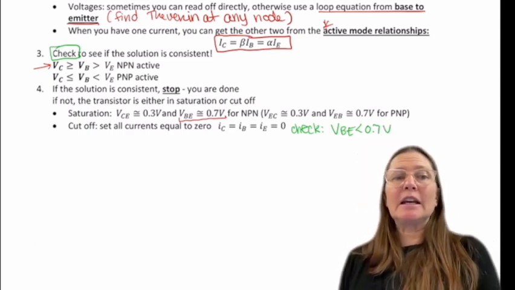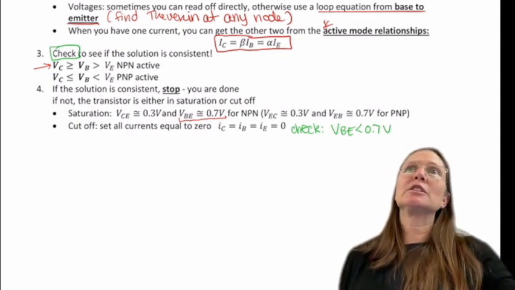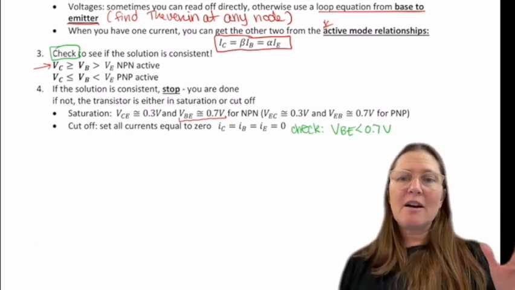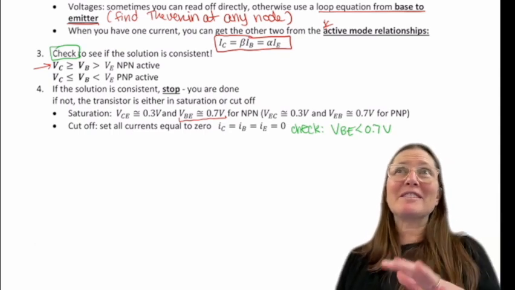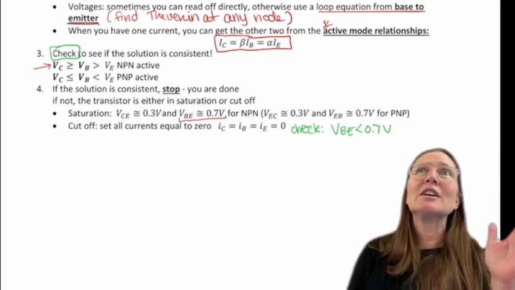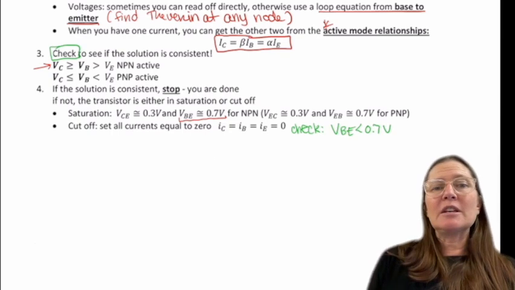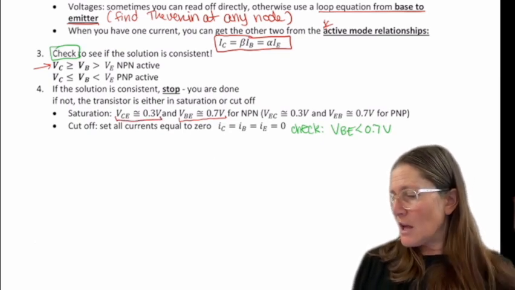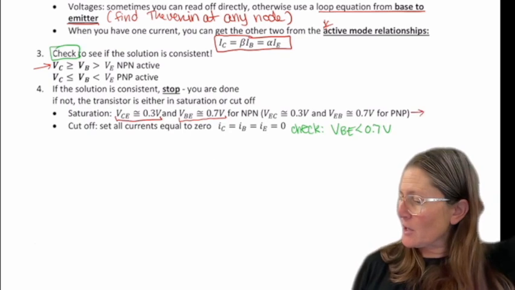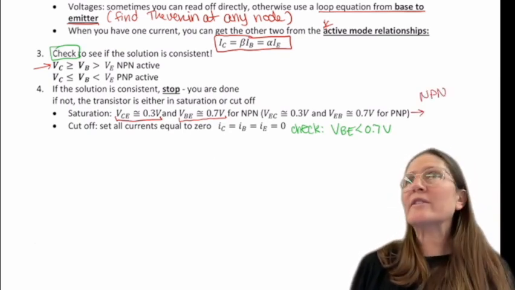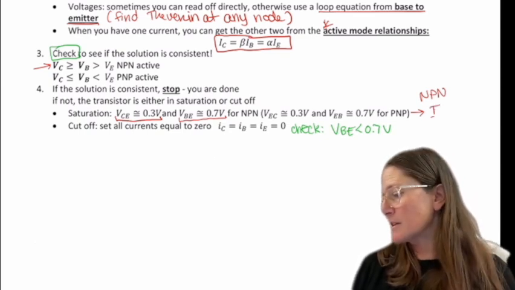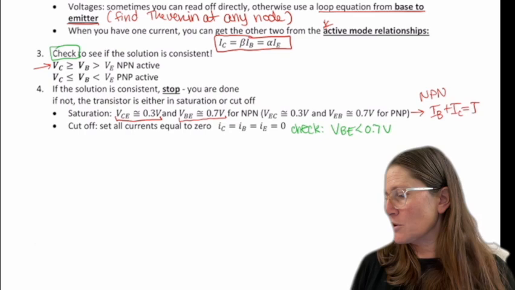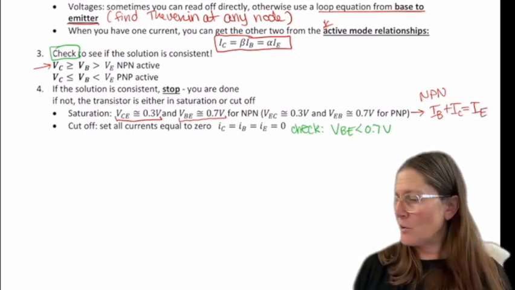If it's not, then you would assume the third case, which would be saturation, and solve it using VCE is approximately 0.3. Again, that could be 0.2, 0.5, 0.7, anywhere between 0.2 and 0.7. And then VBE equals 0.7, so these two values are what you're using. And then for an NPN, we can sum up the currents. So you know that your base in and your collector in is going to equal your emitter.